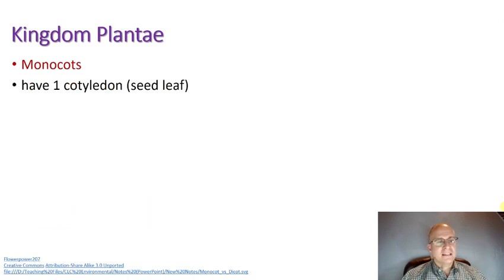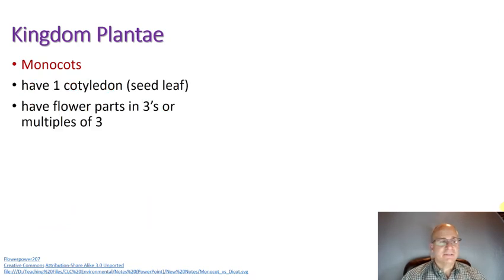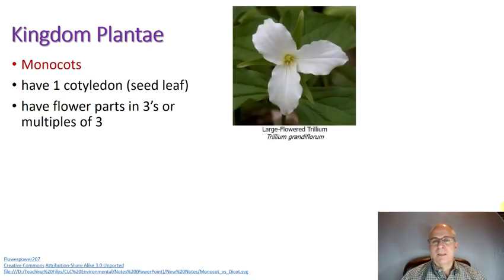So the monocots have one cotyledon or seed leaf. Some other characteristics of monocots is they have flower parts in threes or multiples of threes. So they might be in threes or sixes or nines or 12s. And a really pretty example of a monocot that we have in Lake County is this large flowered trillium.